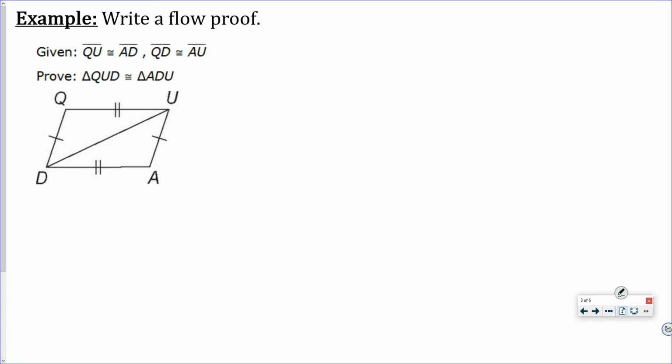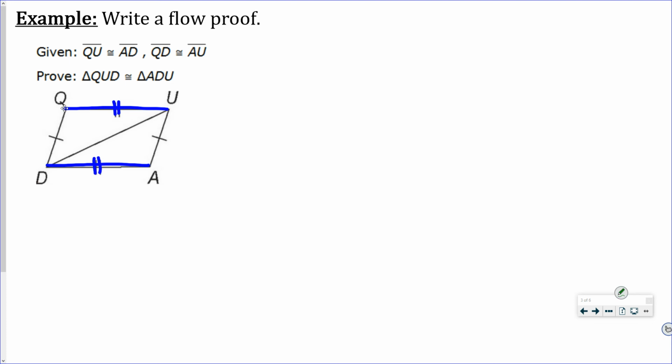So there's some flow proofs on your homework. So you have to practice them, but I actually think they're easier than the two column proofs. It's just less writing, I guess. I shouldn't say easier. So here's what we're given. Obviously, I have this picture here. We're given line segment QU is congruent to line segment AD, and they marked that for us with the two hash marks.